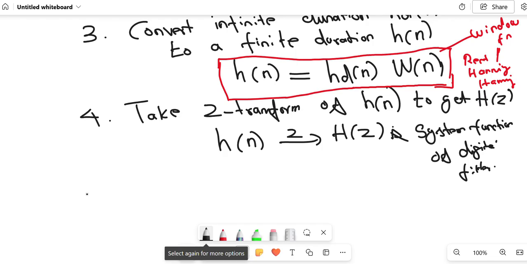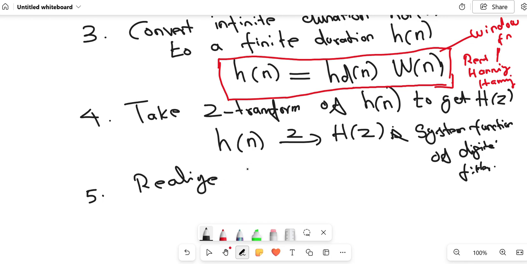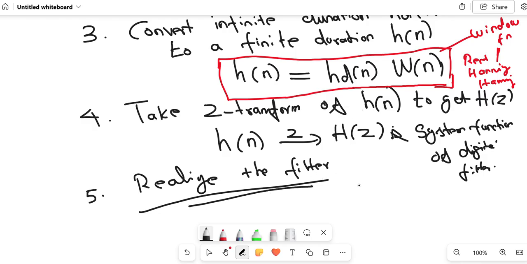The next step, you have to realize the filter. Realization is hardware realization with respect to adder, multiplier and unit delay element.